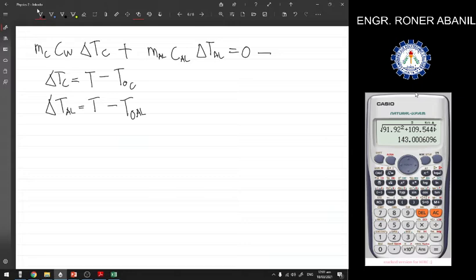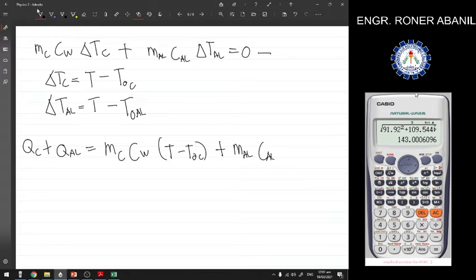Pag ipinasok natin yan, magiging Q coffee plus Q aluminum is equal to mass ng coffee, constant ng water, times T minus initial T ng coffee, plus yung mass ng aluminum, C ng aluminum, times T minus T initial ng aluminum.